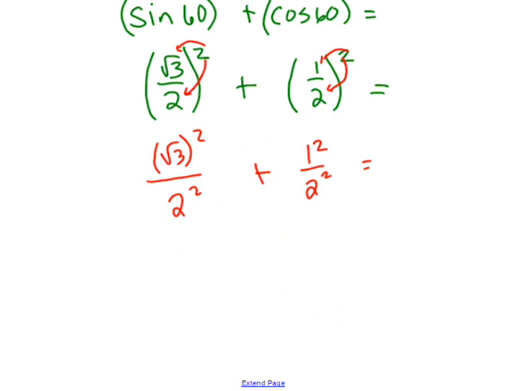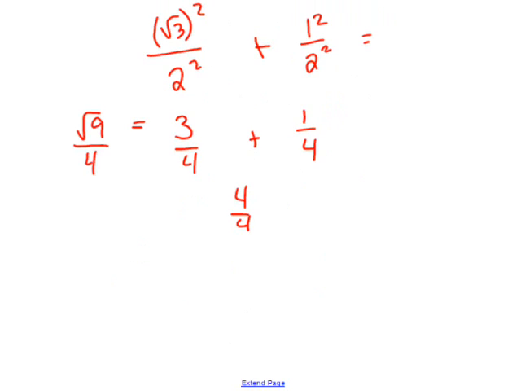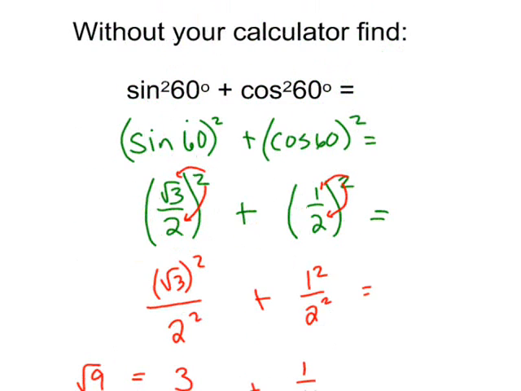Square root of 3 squared is the square root of 3 times the square root of 3, which gives you the square root of 9, and the square root of 9 is 3. So you have 3/4, and then you have 1/4. And 3/4 plus 1/4 is 4/4, which is 1. So we know that sine squared 60 plus cosine squared 60 equals 1.